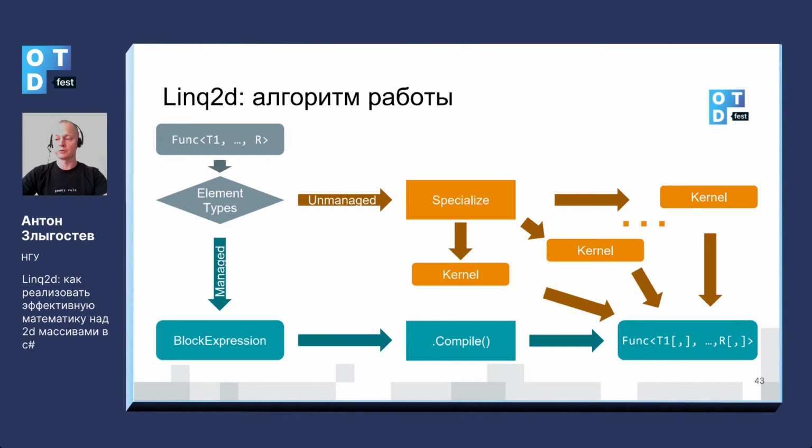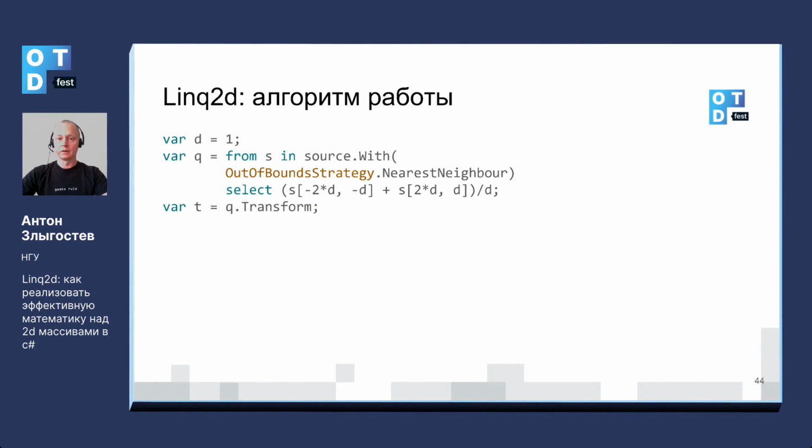So then we get a bytecode that is sent into JIT to be optimized for a target platform. Let's see how it looks.